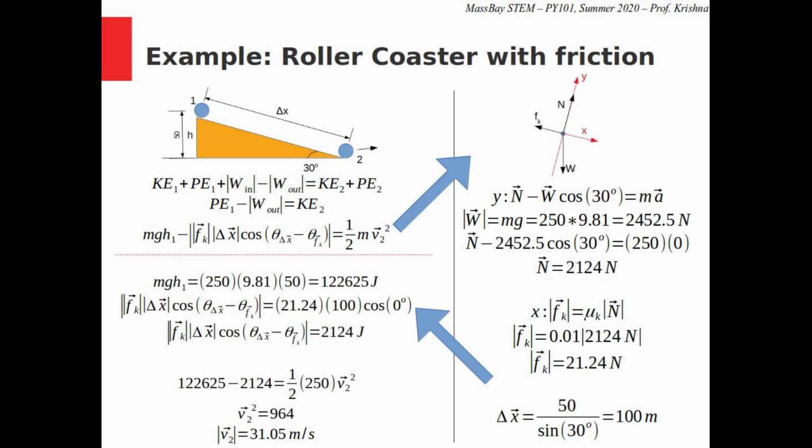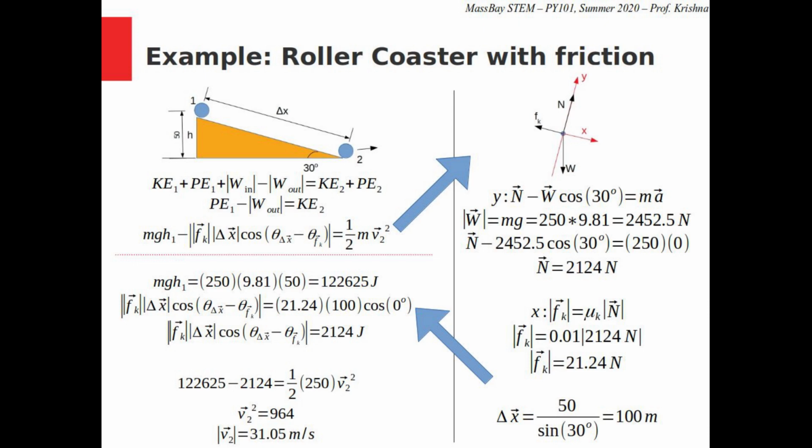So conservation of energy now becomes the initial potential energy minus the energy lost through work out through friction is equal to final kinetic energy. When we expand this out, we find that there are some terms which we don't know. For example, we don't know the strength of the friction force, nor do we yet know how far the roller coaster traveled.